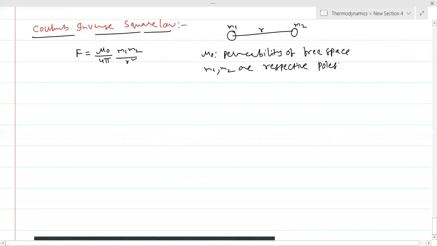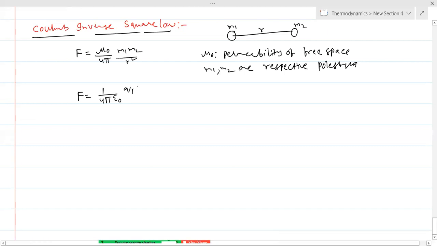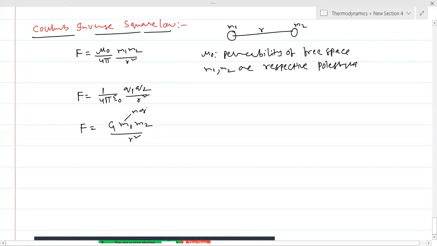This formula is very similar to your electrostatics. So simply I am taking a comparison: F equivalent to 1 by 4 pi epsilon naught Q1 Q2 by r square. This is also similar to your gravitation, F is equal to G into M1 M2 by r square. So here M1, M2 we used to call as masses.